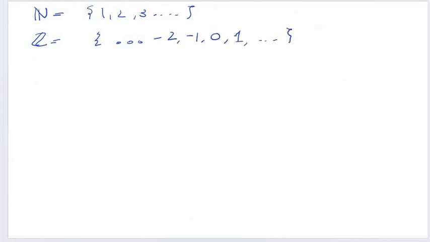So that's integers, natural numbers, and then the next one is Q for quotient.